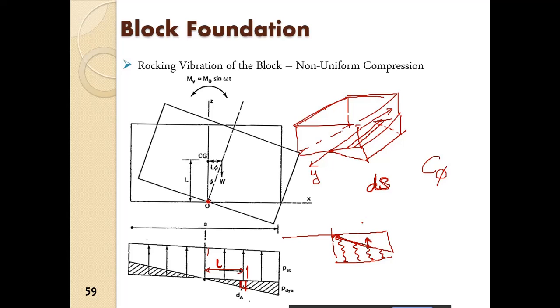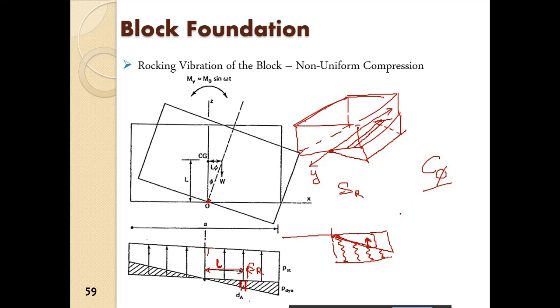We can say it to be, suppose, the soil reaction SR at this point. So that will be equal to the compression in the spring into the stiffness of the spring, where C phi is the stiffness of the spring there.